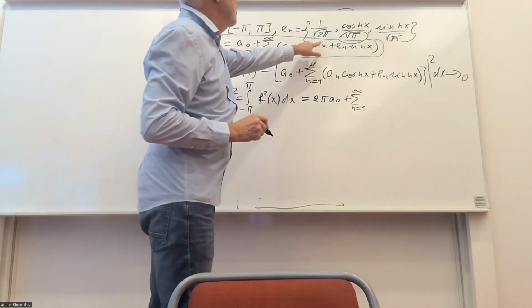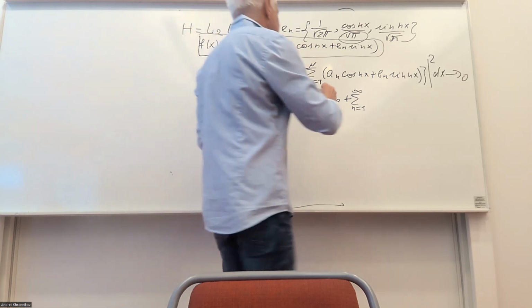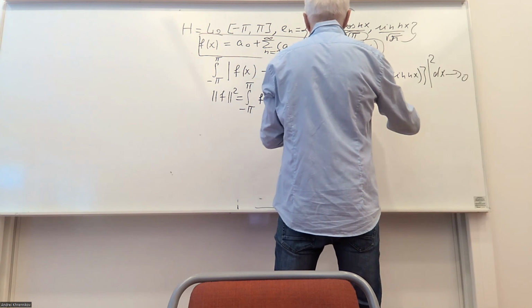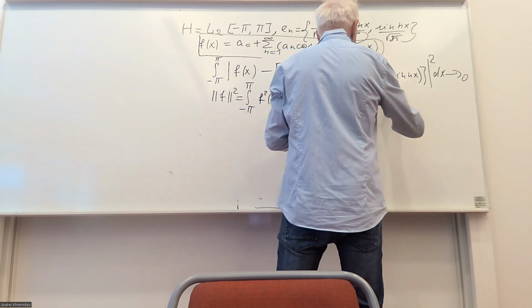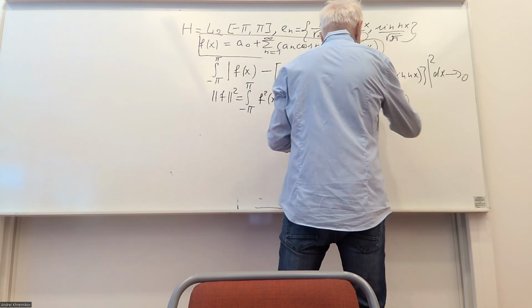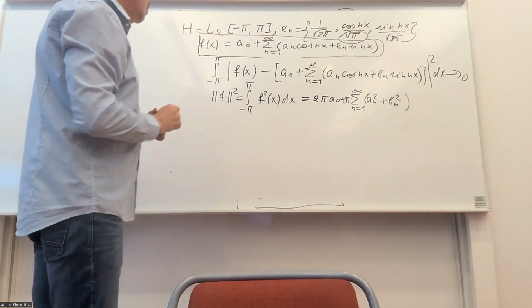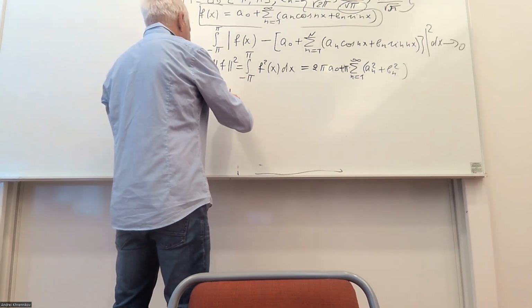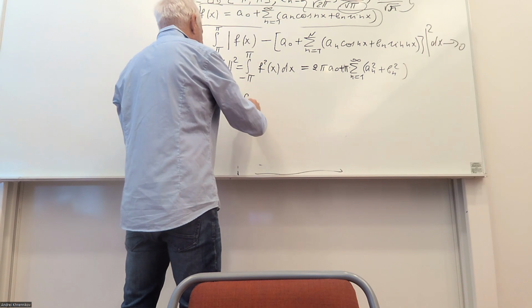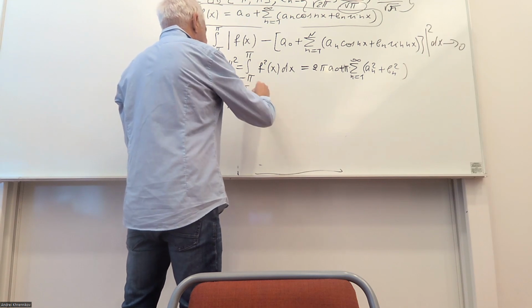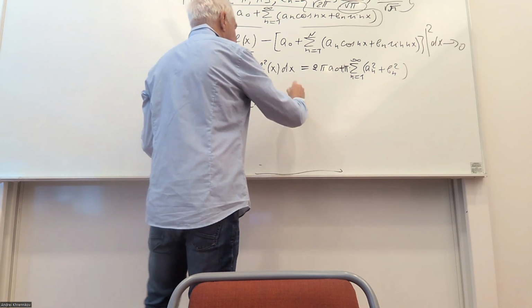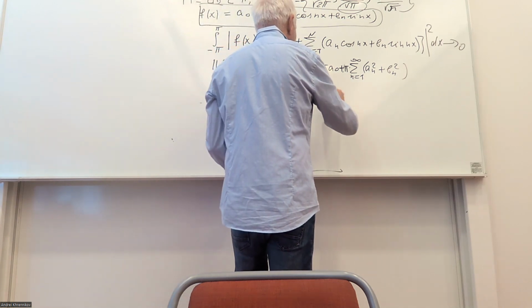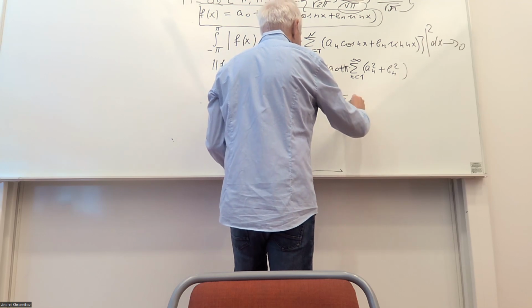Here, the squared norm of each term is pi, so it is easy to write pi, and here will be an squared plus bn squared. Now maybe it's good to normalize by pi, and it will be 1 over pi, integral from minus pi to pi of f squared x dx, is equal to 2a0 plus this sum.